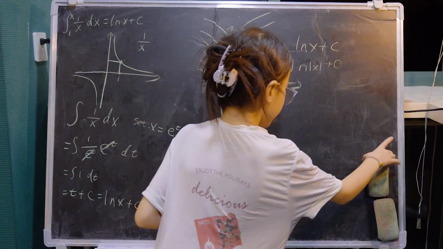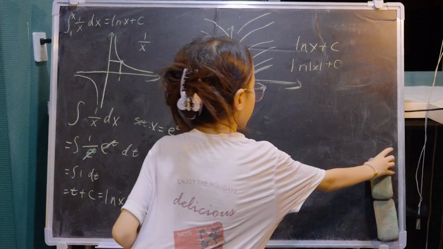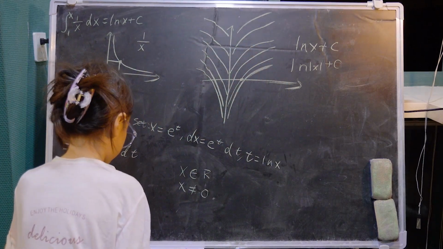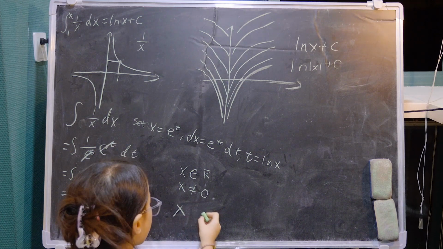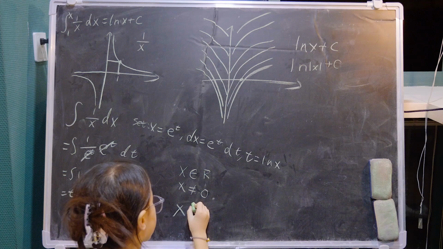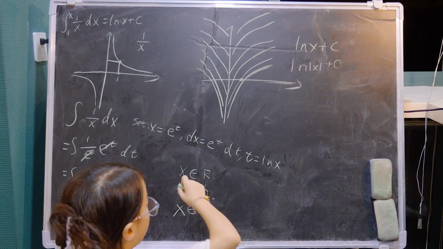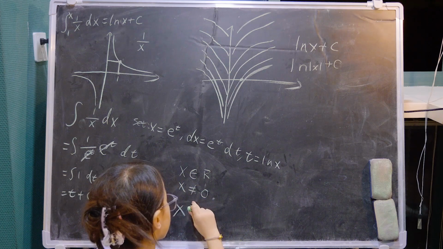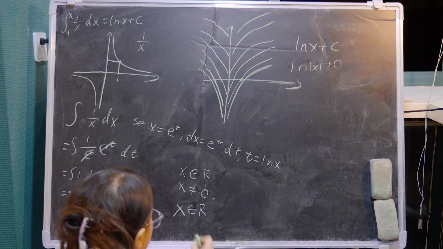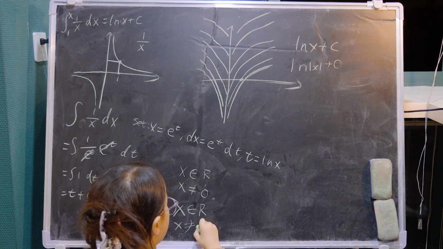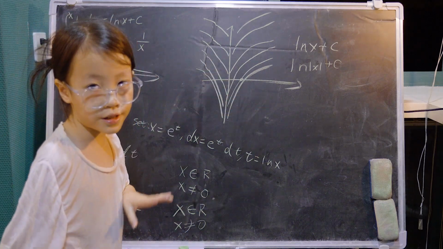So now what does the picture look like? The picture changes like this, and the function is like this: ln of the absolute value of x plus c. Now its domain changes to x a member of the real numbers, and x is not equal to 0. So now these two functions' domains are the same.